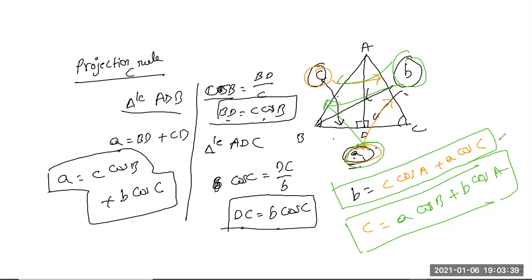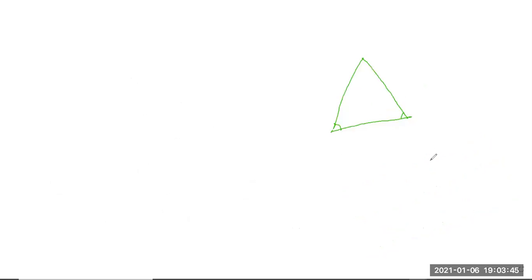Next page, sir. Okay, so this is triangle ABC. This is 30 degrees and this is 60 degrees. I gave you this side as 4 and this as 6.